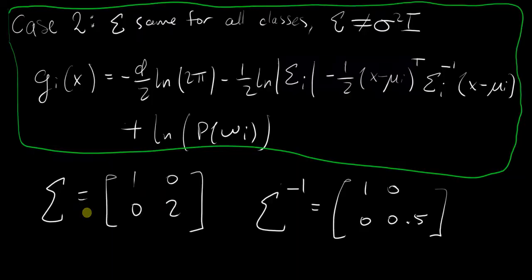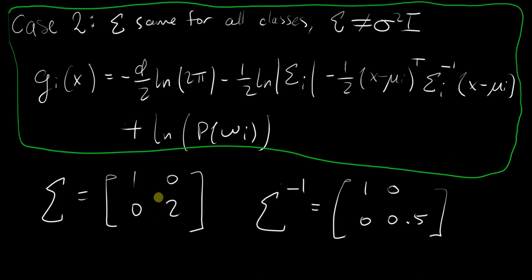If it's case 2, in order to identify that, all you need to see is that the covariance matrix is not some scalar multiple of the identity matrix. You're given that this is the covariance matrix, 1, 0, 0, 2.